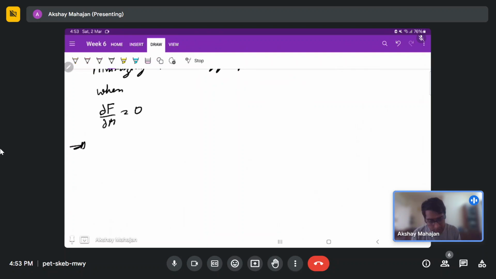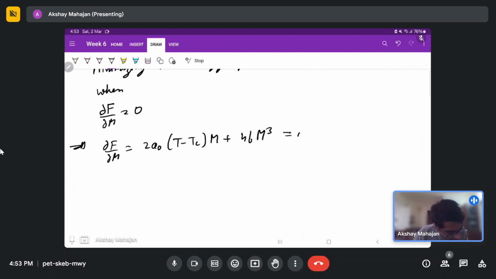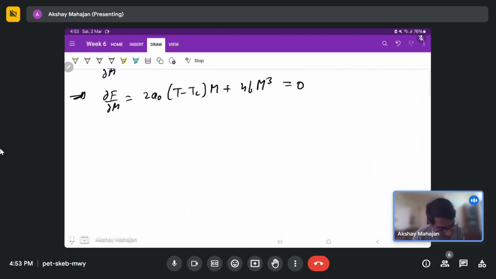So we put del F by del m, which is 2 A naught times (T minus Tc) times m plus 4B m cube, equal to 0. So what we will have is 2 A naught (T minus Tc) plus 4B m cube times m, that is equal to 0.